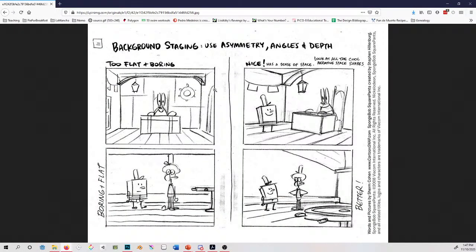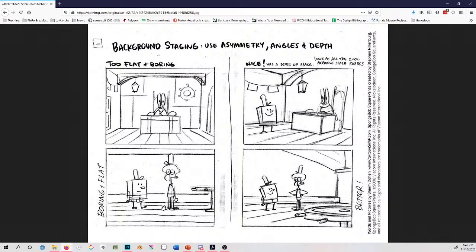So here we have storyboards from SpongeBob, and with Mr. Krabs centered, there's usually a reason to center something: if you're trying to emphasize it, maybe a holy person or a god or some sort of doorway, that's a reason to do the centered symmetrical shot. But Mr. Krabs at his desk, unless you're trying to make him seem intimidating, you're probably not going to do that. It's flat and boring.